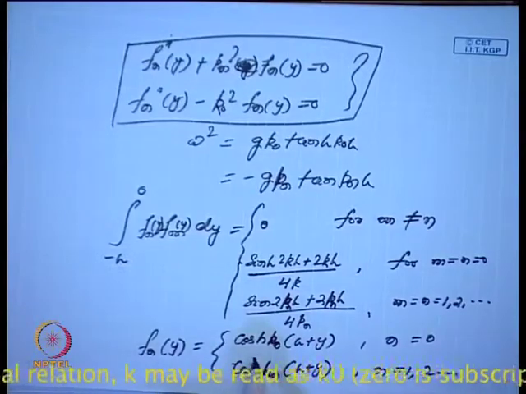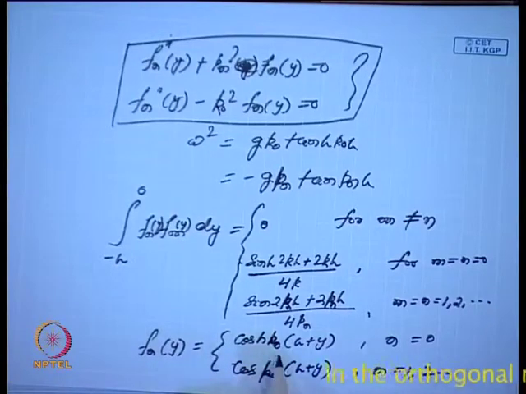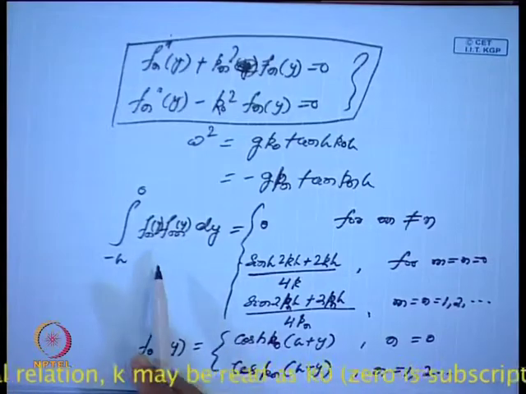Here I am not taking the division by cos hyperbolic k naught h, because that is only a term which will be multiplied here.